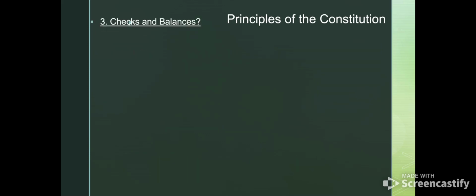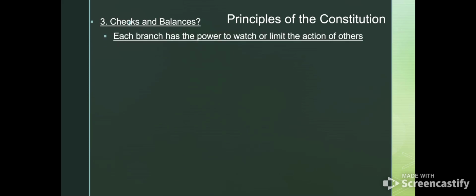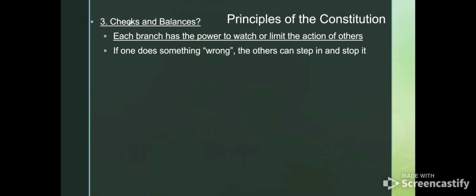Checks and balances. I brought this up a little bit. Checks and balances is the idea that each branch has the power to watch or limit the actions of others. What I mean by this, if some branch, pick a branch, doesn't matter, does something wrong or does something they're not supposed to do, then it's up to the other branches to jump in and stop them and say, hey, executive branch, you cannot do this.